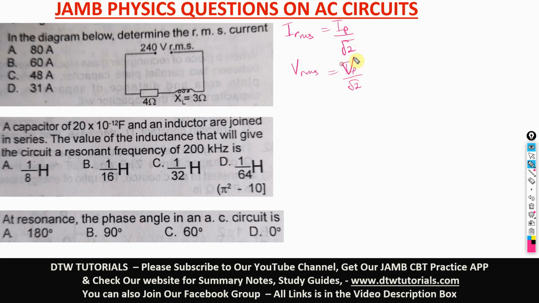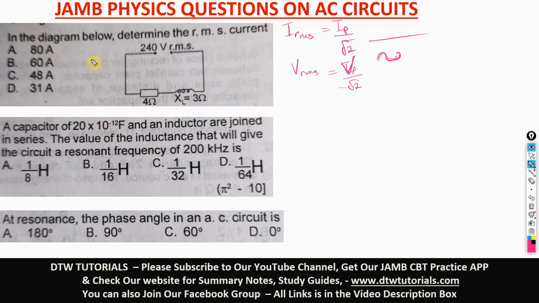Oh, sorry, this should be V: the maximum voltage. That's for an AC circuit, a sinusoidal circuit, where you see this particular symbol. It's not like DC, which is just constant, a straight line. For AC circuits, the current goes back and forth, while DC just flows in a straight line.